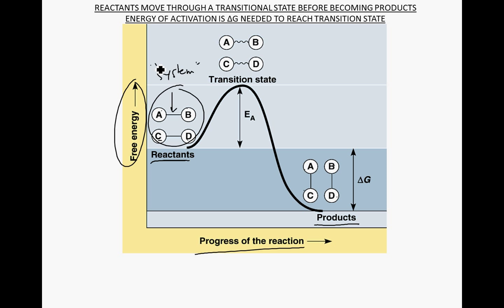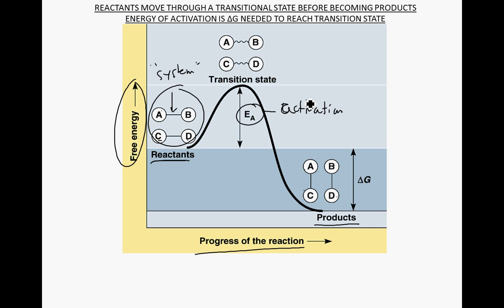And so we have to first go up this energy hill here. This energy hill is called the energy of activation, or E sub A. You need to put a little bit of energy into this system to get these bonds to break. You're going to stress them in some way.